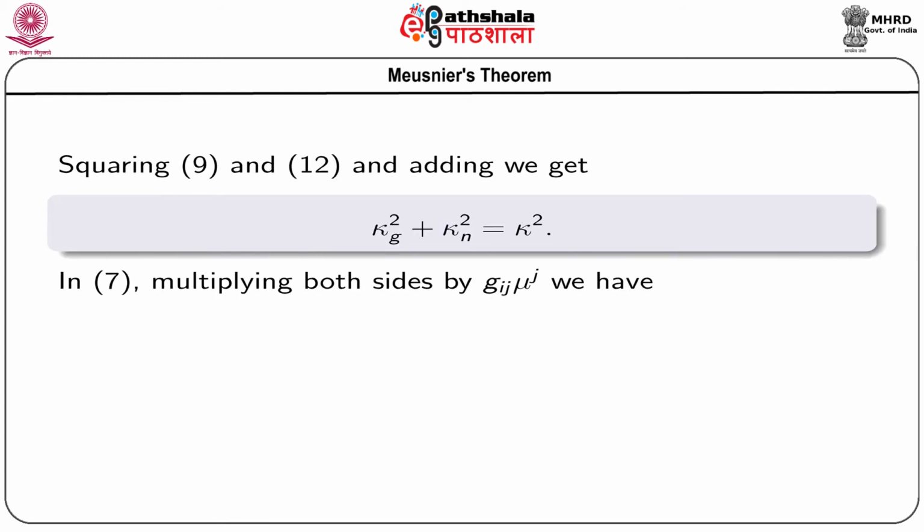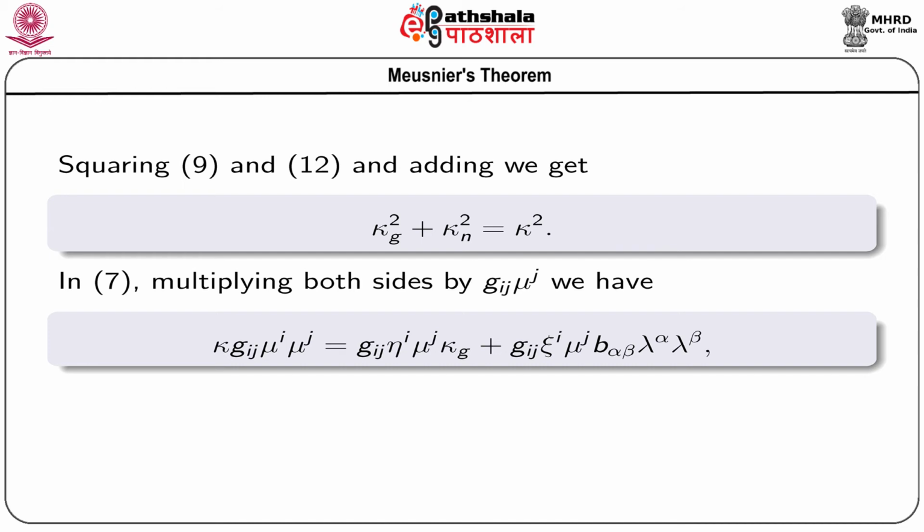Now, in 7, if we multiply both sides by g_ij mu^j, then we get kappa g_ij mu^i mu^j equals g_ij eta^i mu^j kappa_g plus g_ij xi^i mu^j b_alpha beta lambda^alpha lambda^beta. From 7 we get this relation after multiplying by g_ij mu^j.